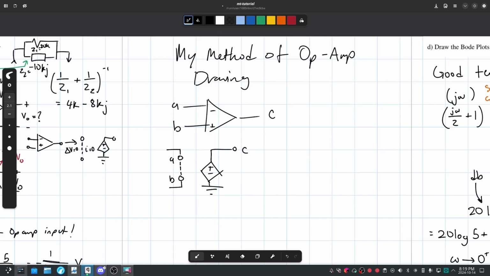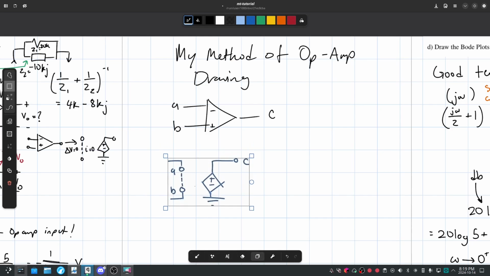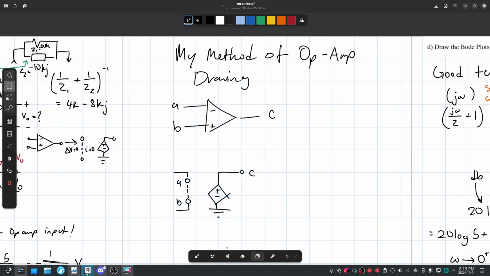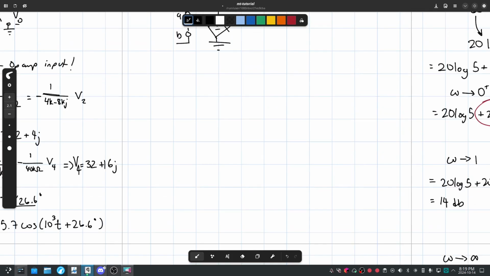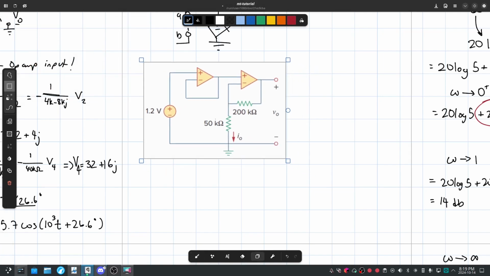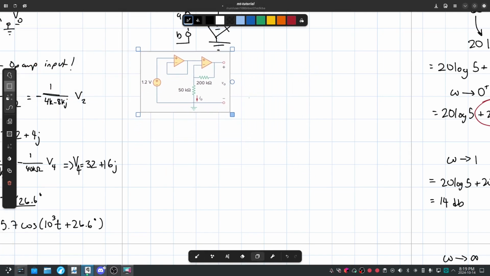So let's just see here. So that's my way of drawing the op amp. Let me just move that a bit down. So for example, like you gave here, let me draw this in my style, quote unquote.